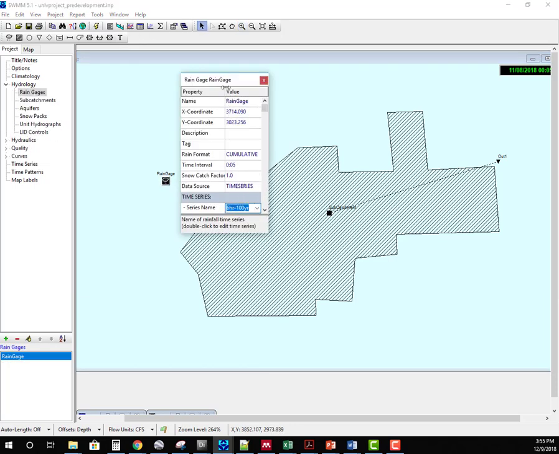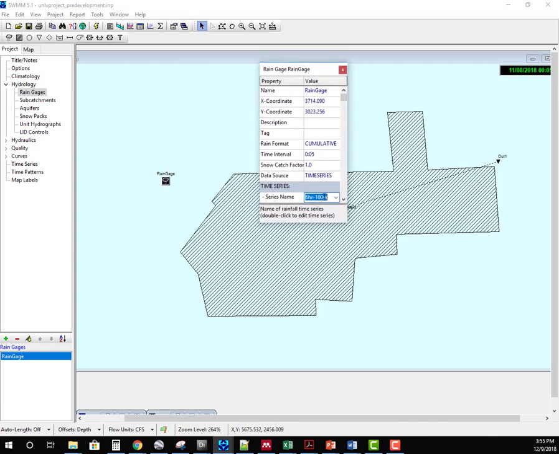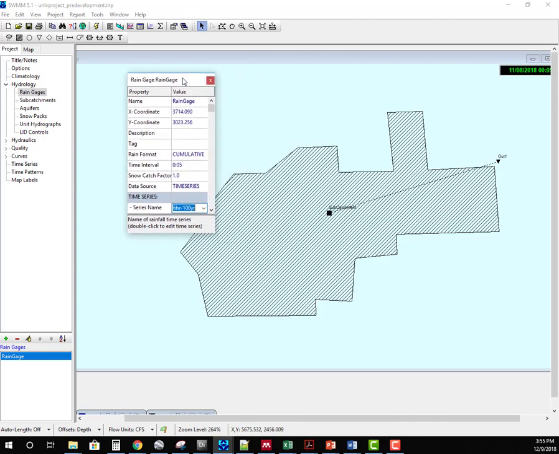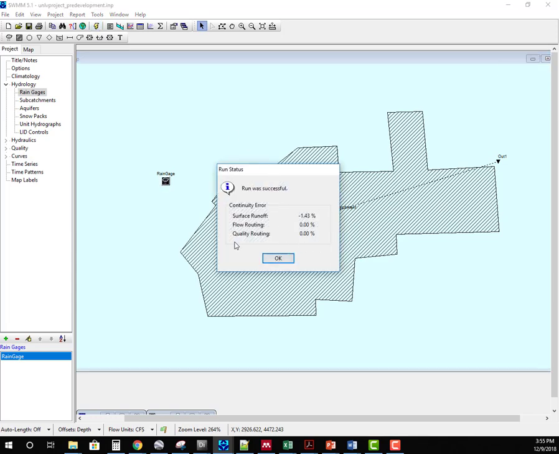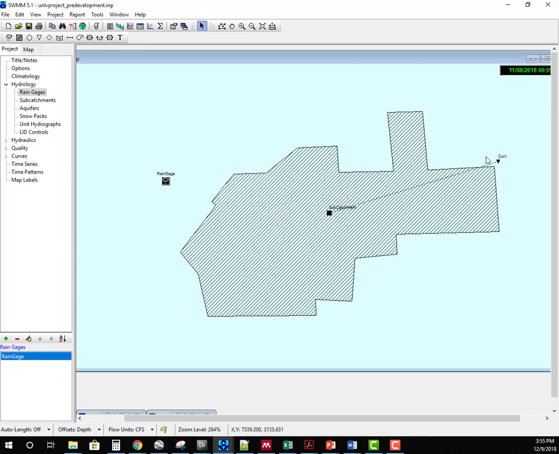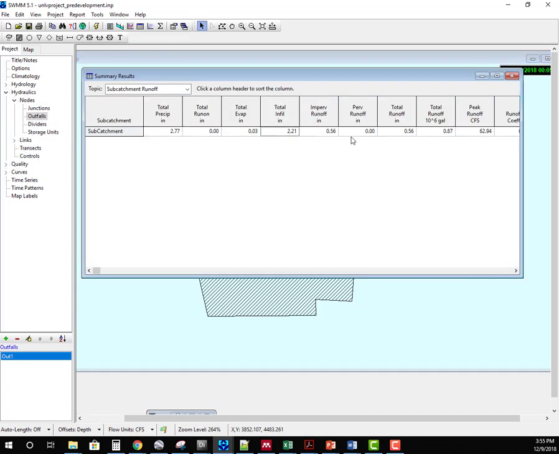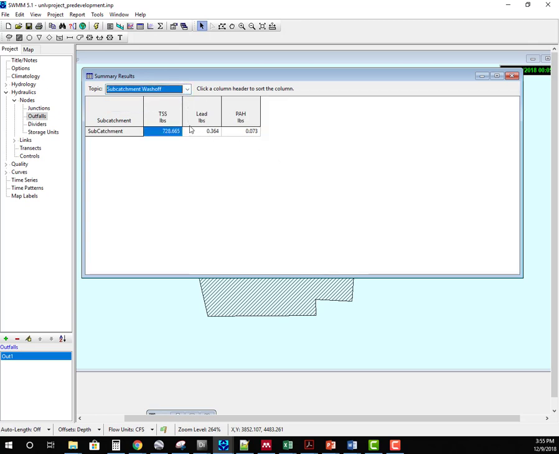Right now we are considering only the 100-year 6-hour duration rainfall. So let's run it and see that there is very little continuity error, and if we go to the summary reports, then we can see how much total infiltration is happening, and then how much wash-off of the TSS, lead, and PAHs.